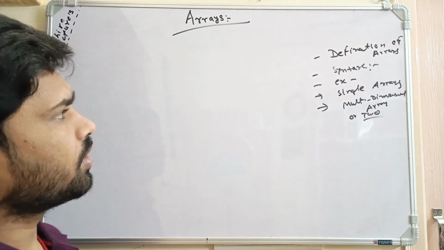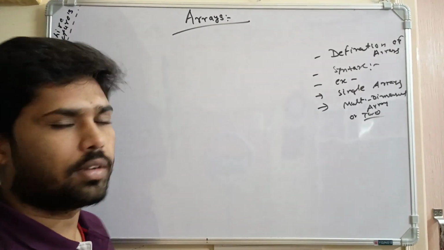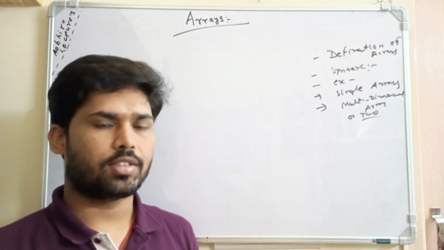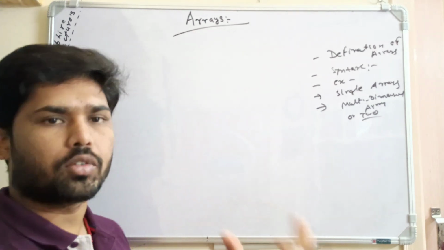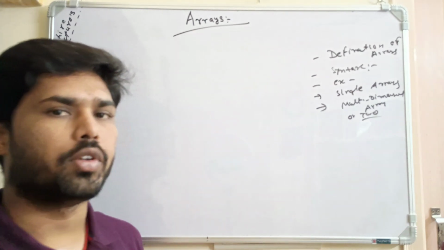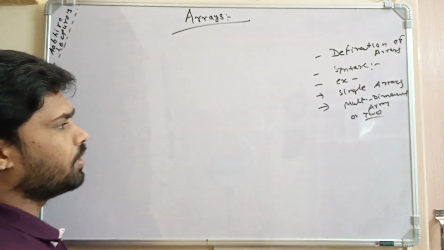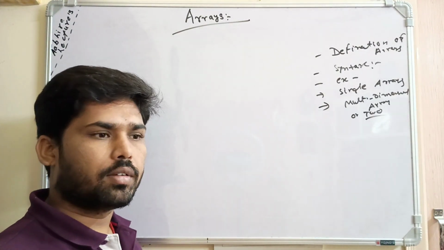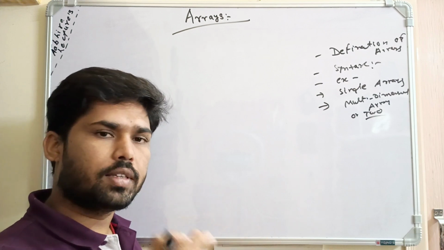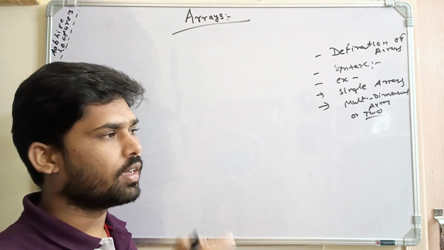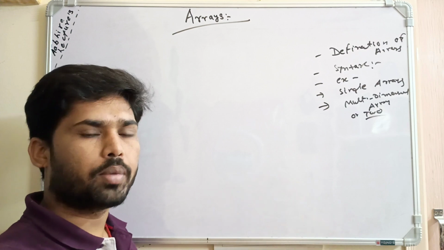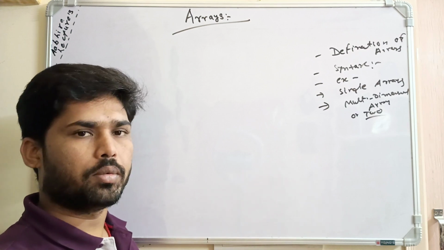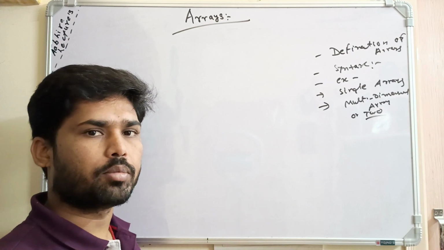First of all we discuss what an array is. Basically, an array is a collection of elements which we store continuously in memory. We can also say that in a single variable we can store multiple values of the same data type.